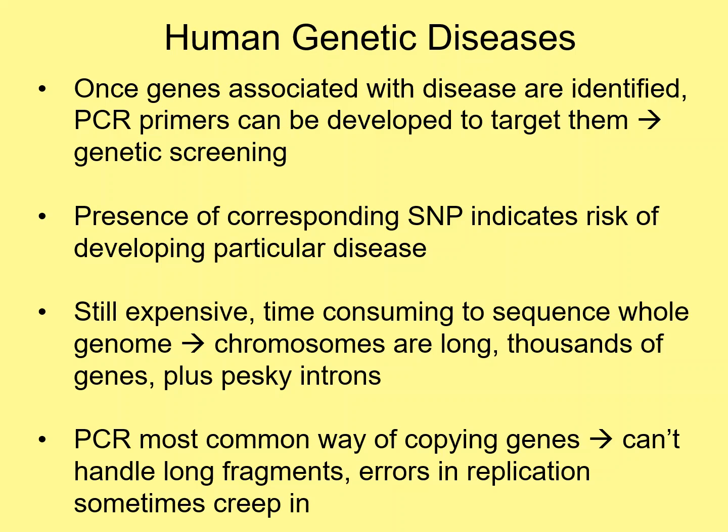However, if what you want is to make the protein product, or you want to test and find out exactly what a gene does, or you're otherwise worried about any errors that creep in, that's a situation where you want to use gene cloning instead. In both cases, though, you're probably going to start off with PCR.